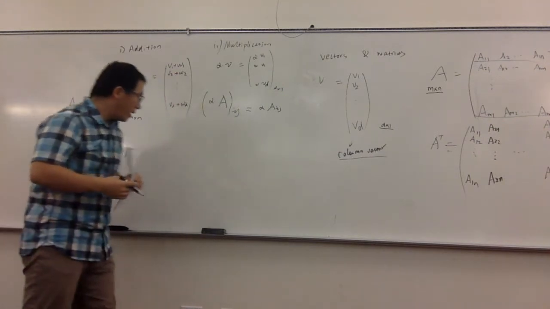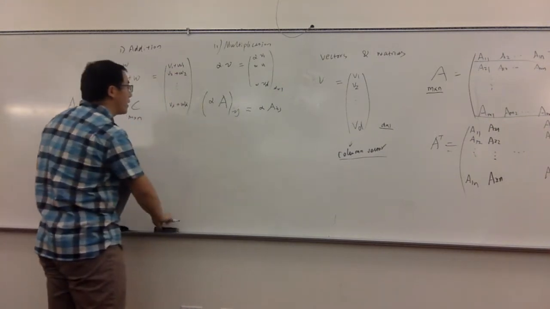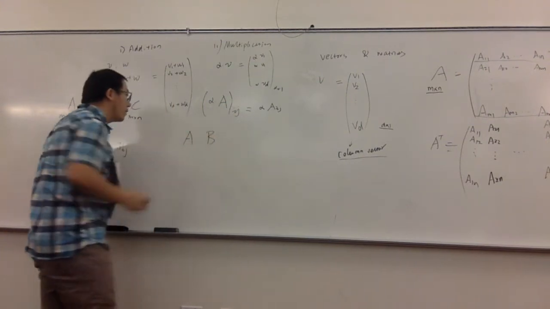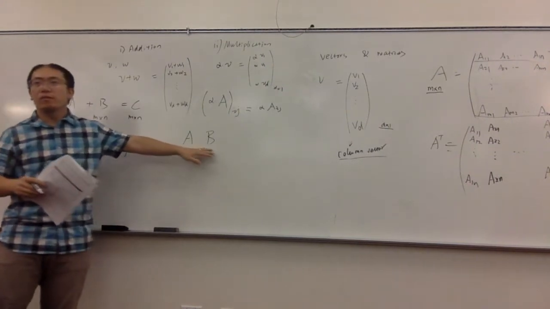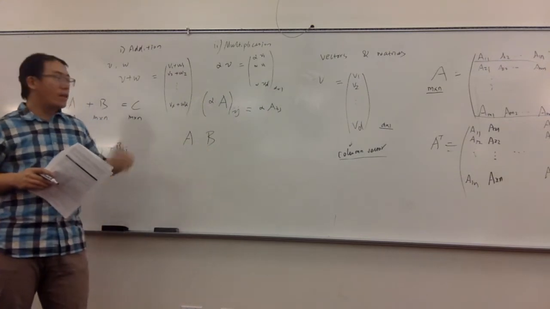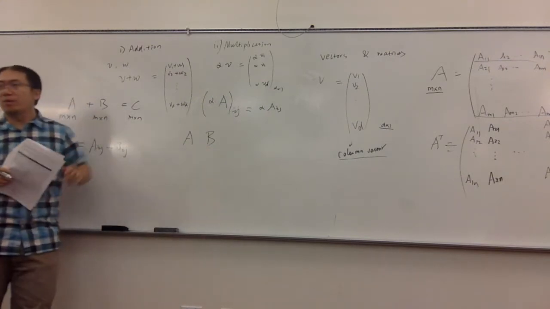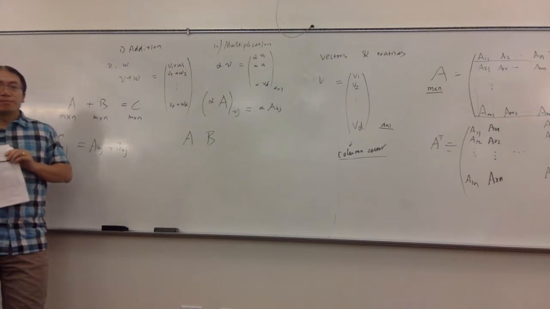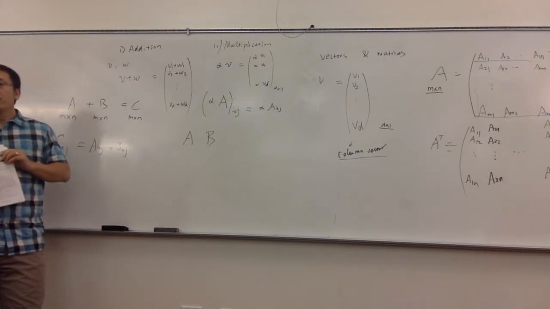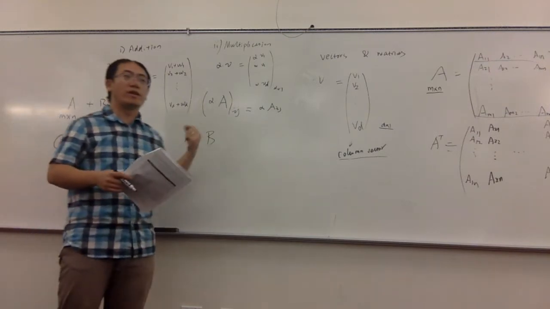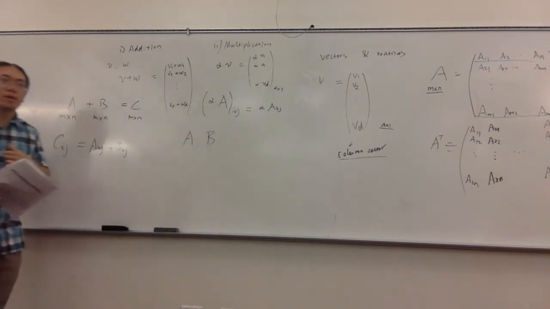But then let us look at a more complex case. What if we want to multiply two matrices, A multiplied by B? What kind of requirement do we need to perform the multiplication? This is a very important constraint regarding the definition of matrix multiplication, so it must be very familiar.